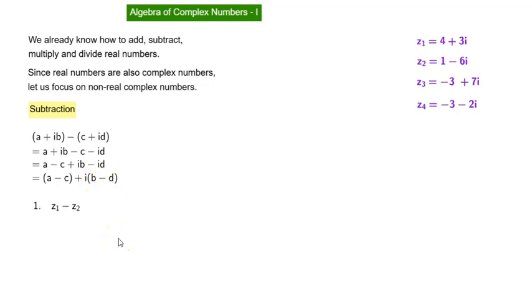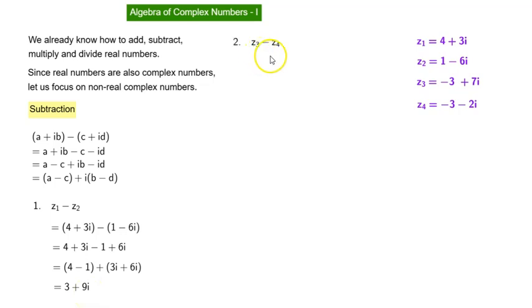Let's look at some examples. Z1 minus Z2. So 4 plus 3i minus 1 minus 6i. So 4 plus 3i minus 1 plus 6i. Be careful with the signs. So 4 minus 1 plus 3i plus 6i, which gives us 3 plus 9i.